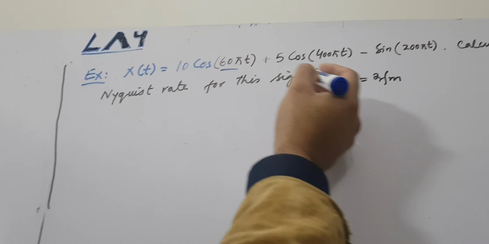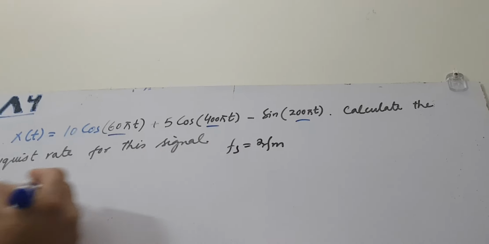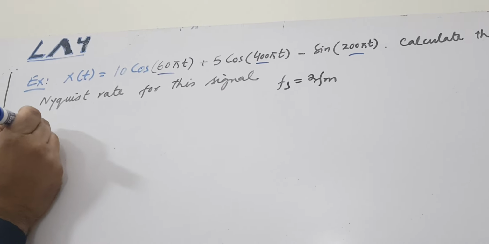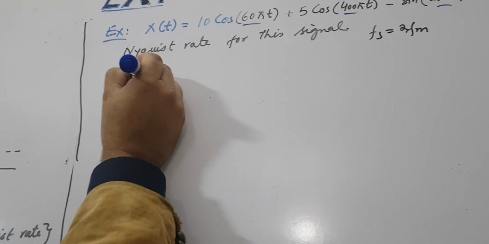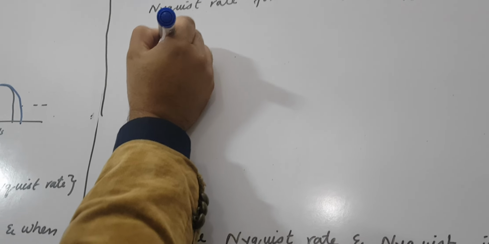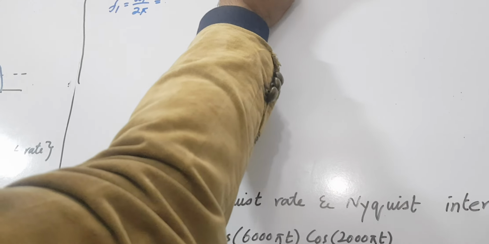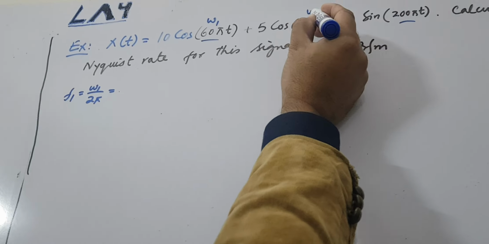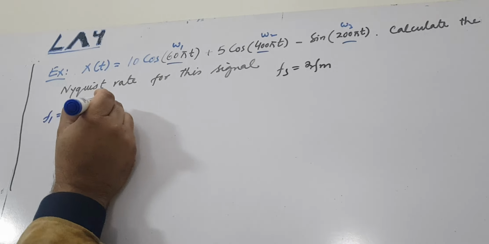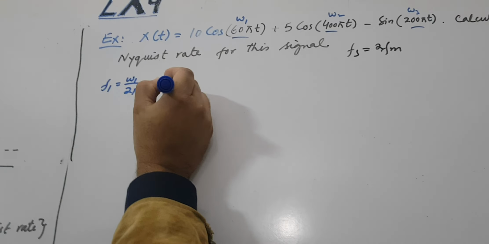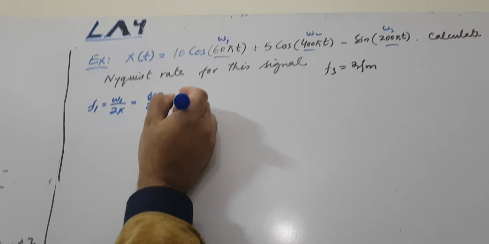But what is the maximum frequency? There are three frequency components, as you can see. Because this is in terms of omega, f1 is omega 1 by 2 pi, this is omega 2, and this is omega 3. So omega 1 is 60 pi by 2 pi, which equals 30 hertz.